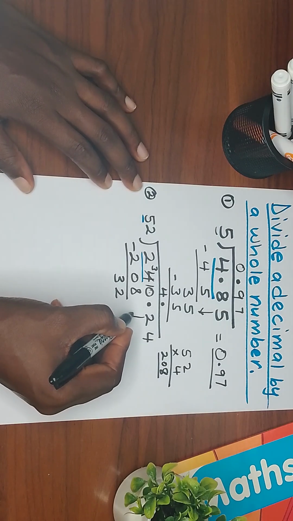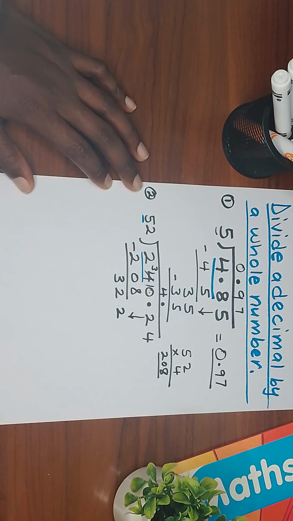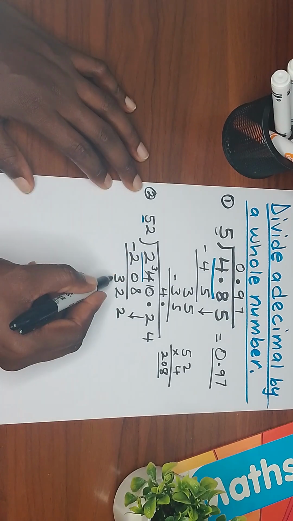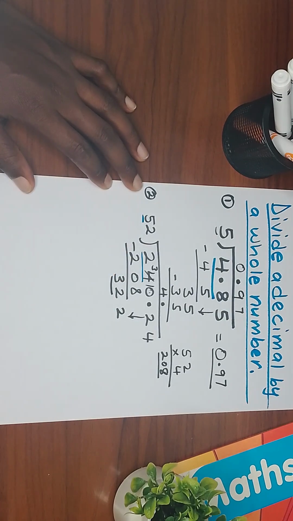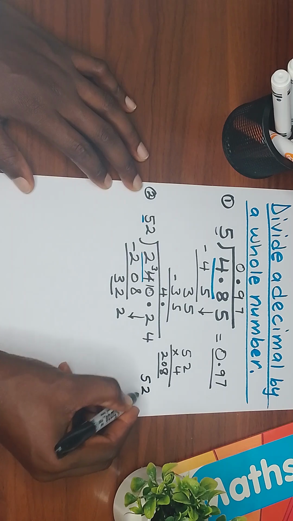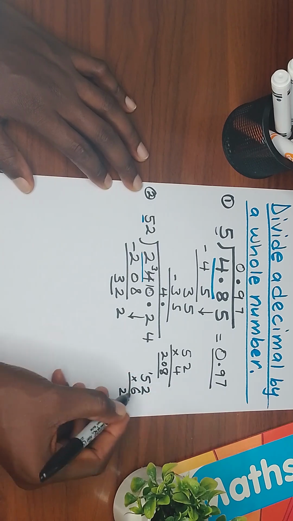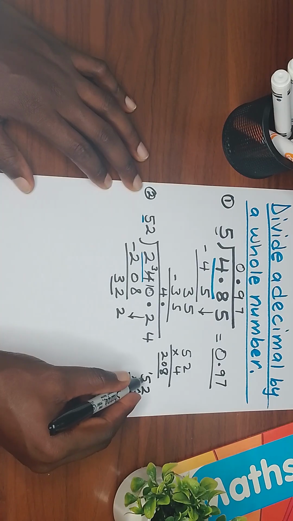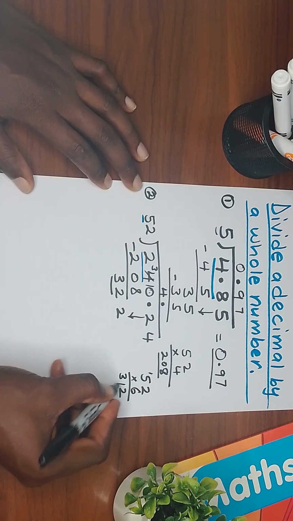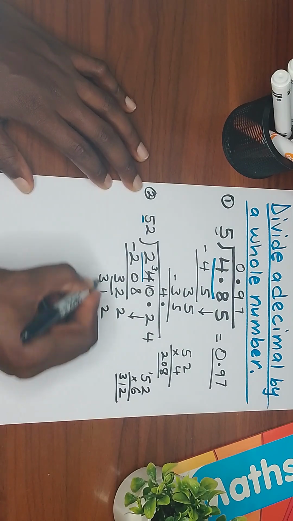Now we lower down our next number, which is 2, to make this number 322. Now we go back to the multiples of 5, find where 32 is. We know that is going to be 6. So let's multiply here and see. 52 times 6. This is going to be 12, 1. Then 6 times 5 is 30, plus 1, 31. So we bring this number here, 312.